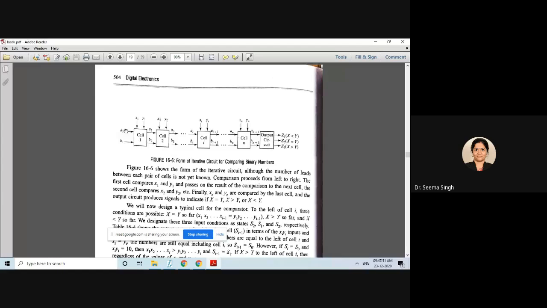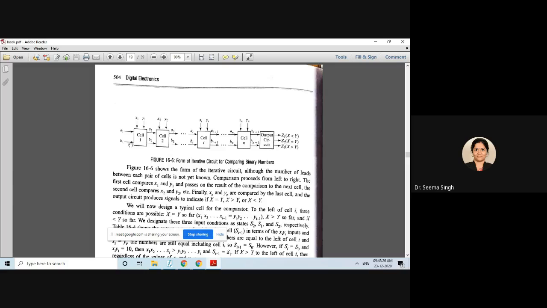So what it does, it starts with the MSB. So x1 and y1 is the MSB here. Of course, in my example, I have taken it in an opposite way. So x1 and y1 is the MSB. It will check the MSB, the MSB of the complete number will be checked here. If the MSBs are equal, the information will go to the next cell using these A2 and B2 states. That is why it is called a state.